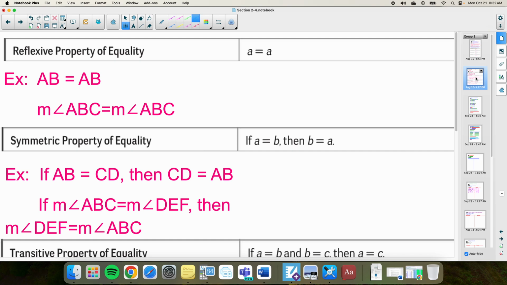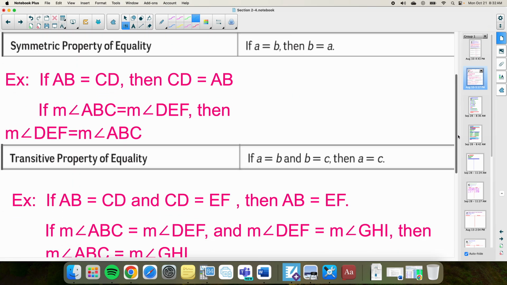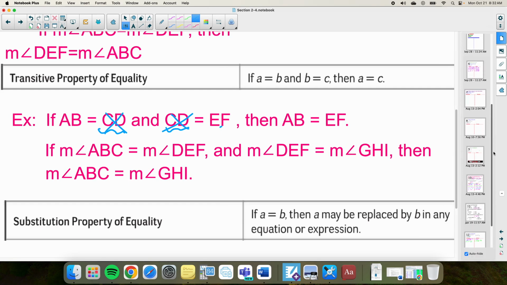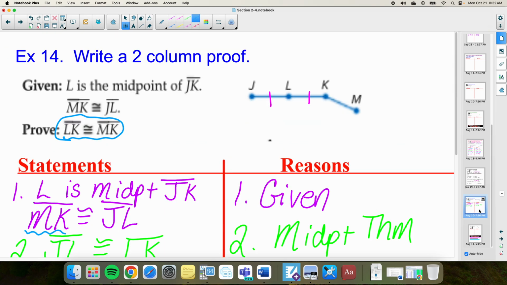Symmetric is if you take something and flip it around, okay? And then transitive is if the ending of this and the beginning of that are the same, you cross those out and then the outside two are equal.